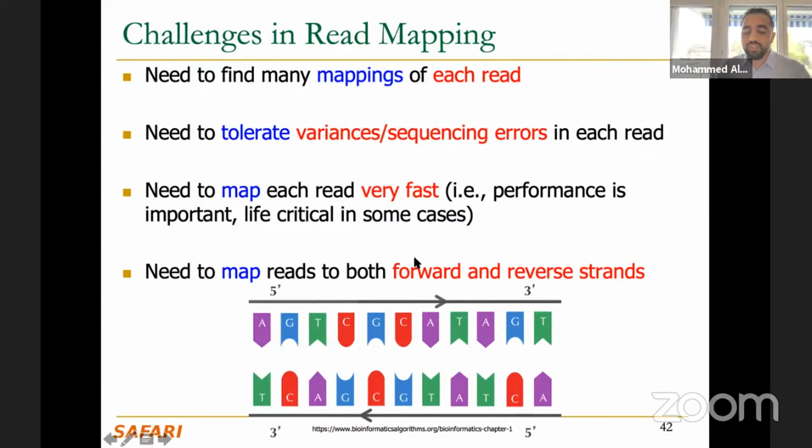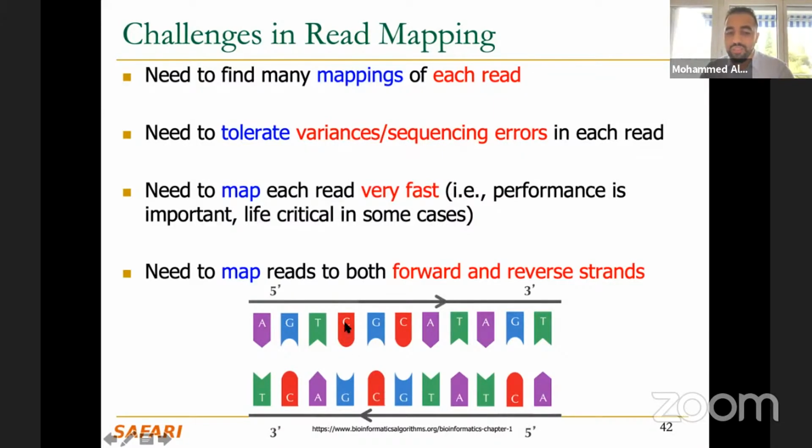So that's why we assume that we are doing read mapping to both strands, the forward strand and the reverse strand. How is that? When we build the index, we build the index only for one of them. Again, we don't know which one is recorded in the FASTA file. So we assume we have any of them, and we record it in the hash table, but we can also record some pieces from the other strand, given that we know these are the reverse complement of this strand.